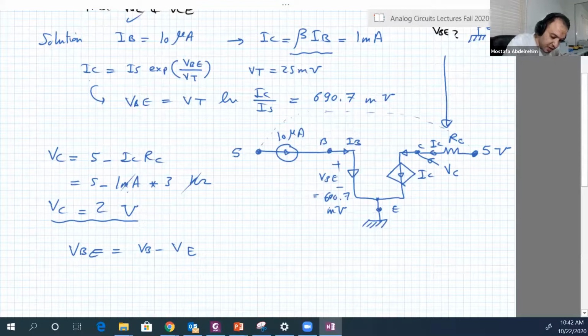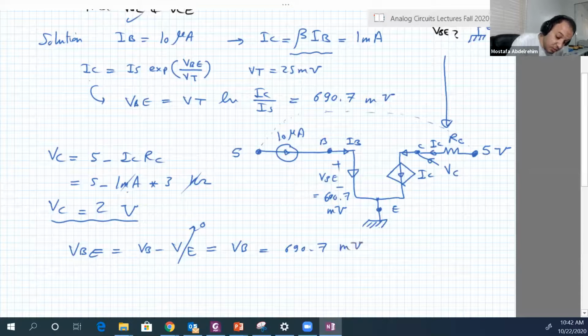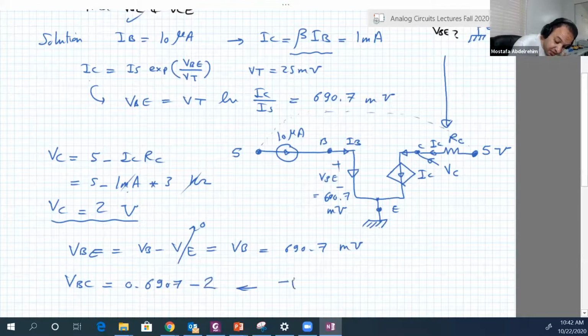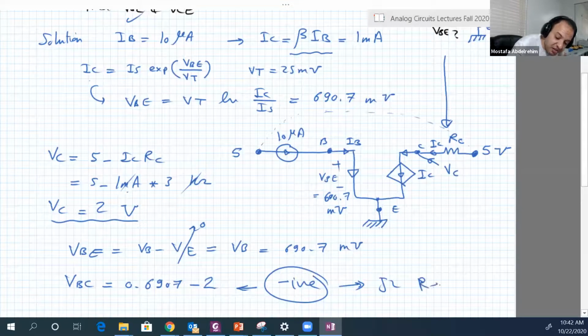And we know that VBE is 690.7 millivolt. VE is 0, so this is equal to VB, 690.7 millivolt. So VBC is equal to, let's convert this to volts, 0.607 minus 2, which is negative. So J2 is reverse or off, as we require.